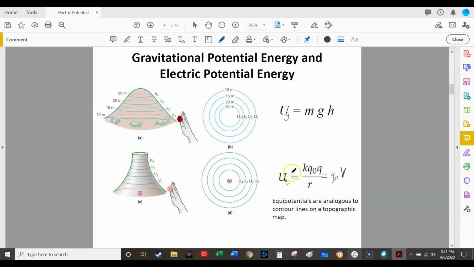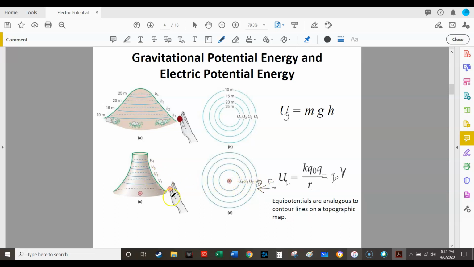Well, we have another type of potential energy, and this is due to charge. So suppose you had a positive charge, and you're going to take another positive charge and bring it close to this. You're going to have to push it with a force. Well, this other charge is creating voltages.